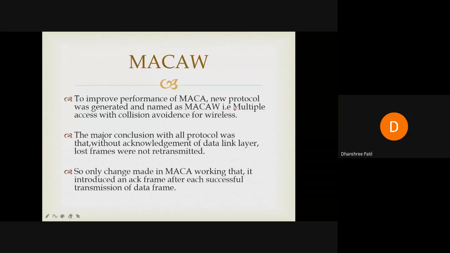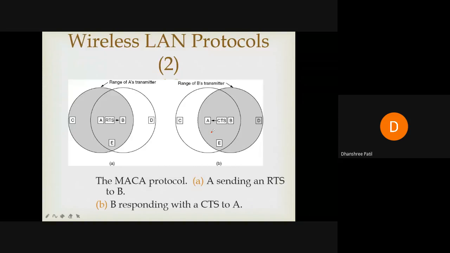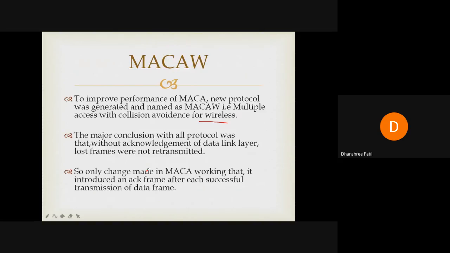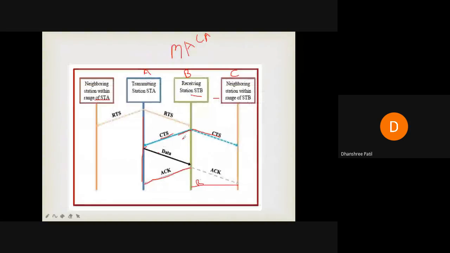So the next protocol is designed, that is MACAW, which is nothing but the wireless protocol. MACA for wireless, multiple access with collision avoidance for wireless. So how does it work? As I told you, in the second protocol, MACAW, only an acknowledgement gets added.